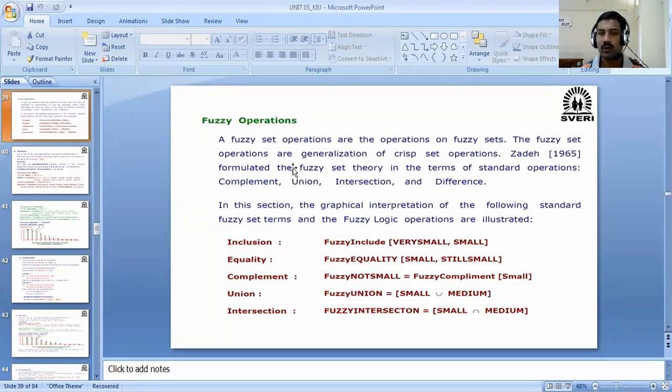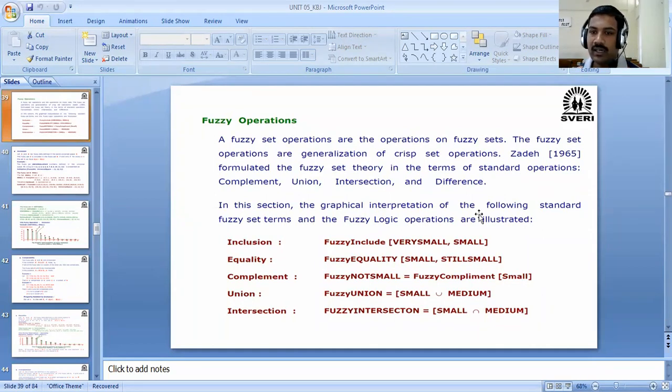The fuzzy set operations are generalized from crisp set operations. The formulation of fuzzy set theory is in terms of standard operations: union, intersection, and difference. Can anyone tell me what union means? Union, intersection, maybe you have studied them.